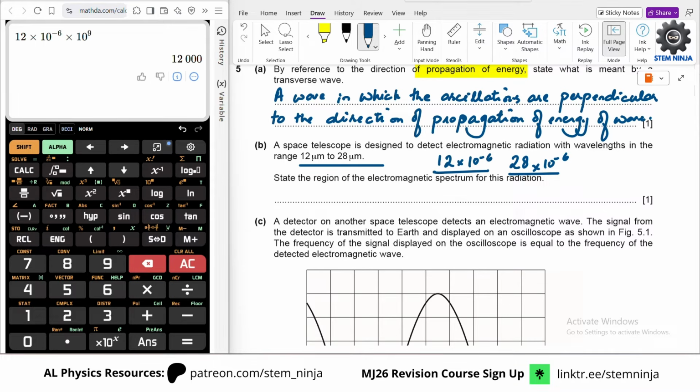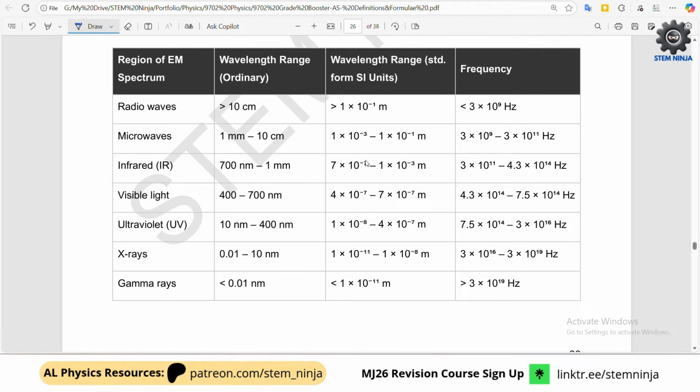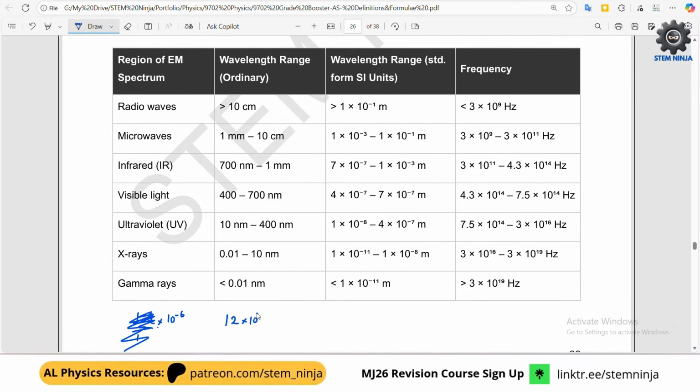However, let us show you in the Grade Booster Pack we have the ranges also. Right, so as you can see, if you want to convert the value that we had, my bad, I actually wanted to convert it into standard form.